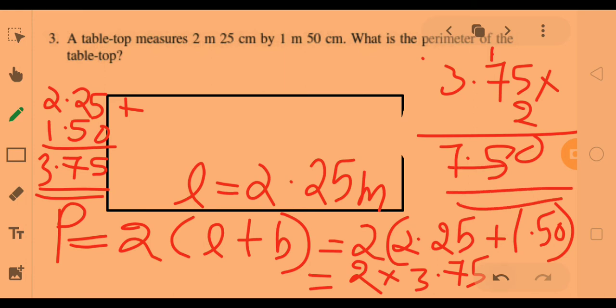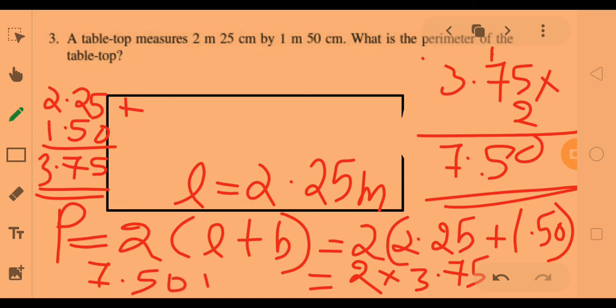So 7.50 is the perimeter. So perimeter we got as 7.50 meter. That is the perimeter of the tabletop.